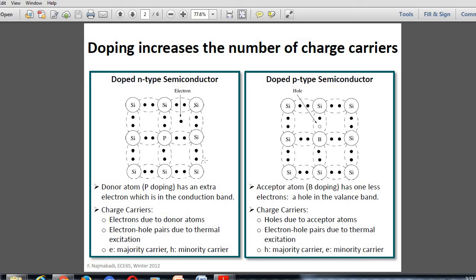In this way, by adding a large number of phosphorus atoms, we get a large number of free electrons. So in this way we can increase the conductivity of n-type material. In the n-type material, the electrons are the majority charge carriers and the holes are the minority charge carriers.